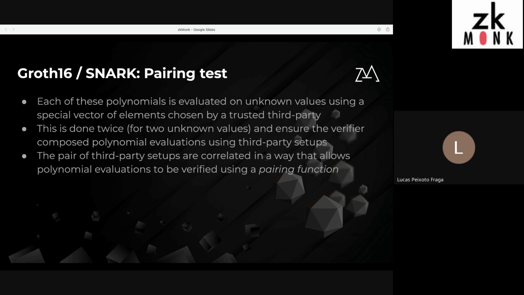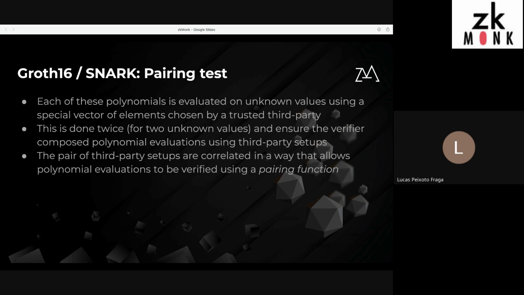That's why I don't describe them better here. But pairing functions need a lot of things to work. And when they do work, like if we have a proper environment with proper variables for them to work, they allow us to evaluate the polynomial properties that we want in a way that is very succinct.